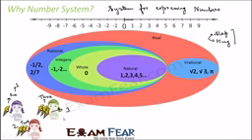We'll see various other types of representation like -1, -2, or 1 by 2, 3 by 2, or pi, that is 3.14. It goes on, right? There are so many different types of numbers and they have to be represented. Number system is used to represent those numbers.